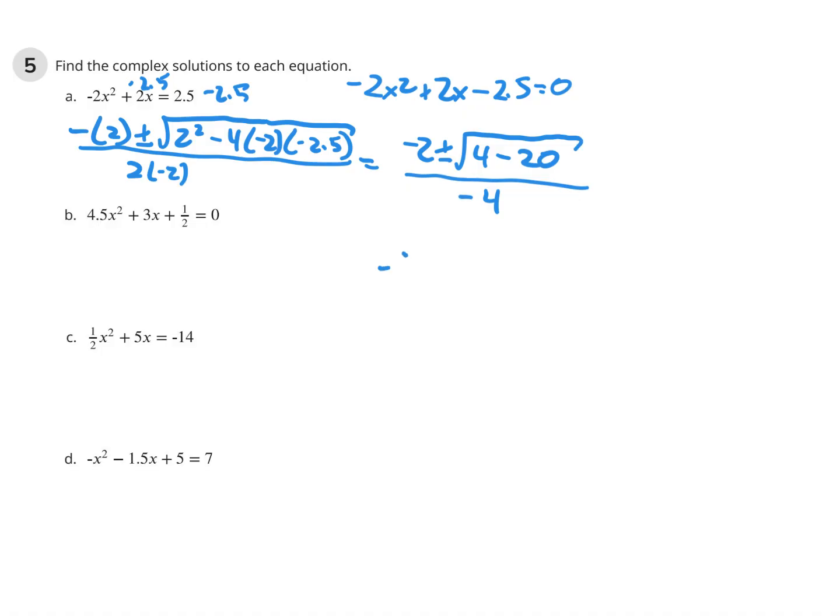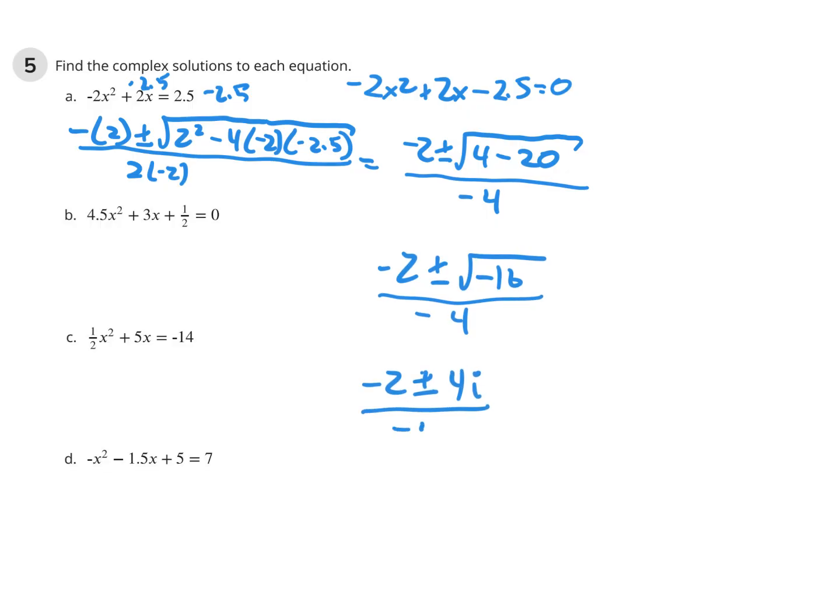So we get negative 2 plus or minus the square root of negative 16, all over negative 4. We get negative 2 plus or minus 4i, all over negative 4, which gives us negative 2 over 4 plus or minus 4 over negative 4i.